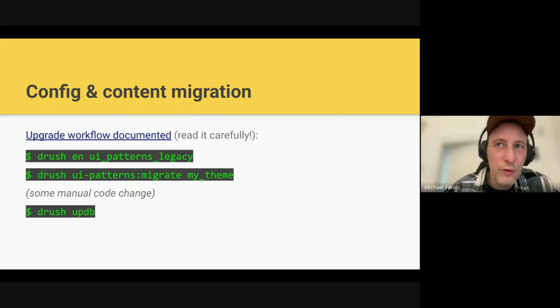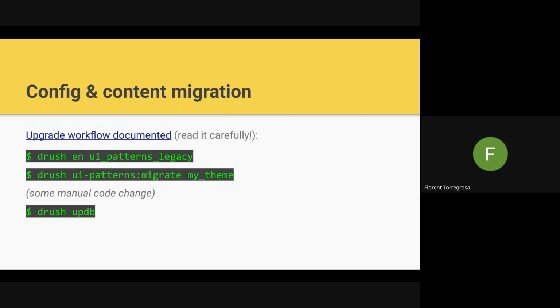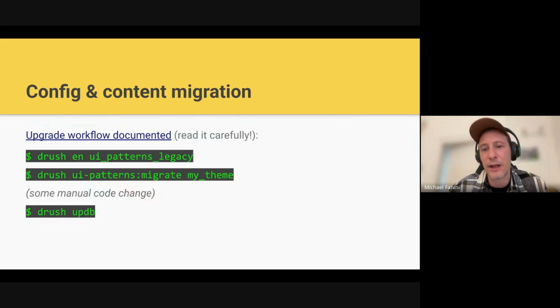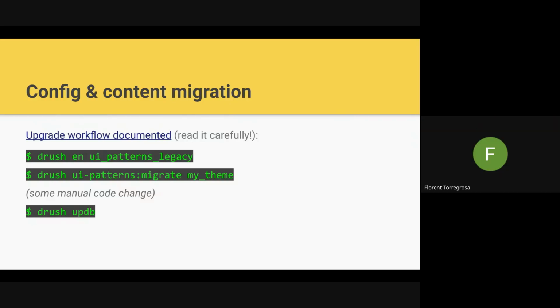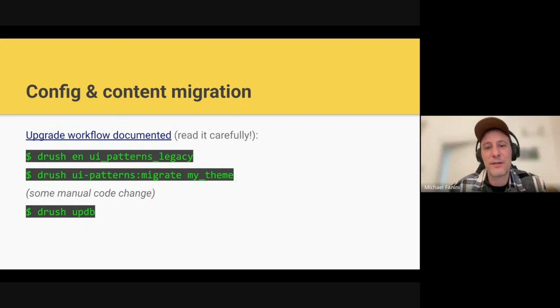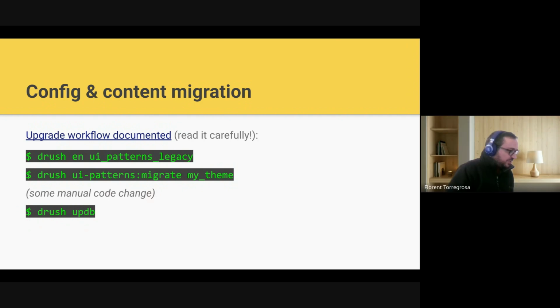So if you don't do many exotic things, can we say safely that maybe 90% of what is configured with UI Patterns 1 can be automatically migrated to UI Patterns 2? Yes, but test it locally first. Of course. That's great because it would take so much time to do it manually. Yeah, I know it was a lot of work for a long time, this feature. So thank you, Florent. I will have the same thing for UI Styles too soon.